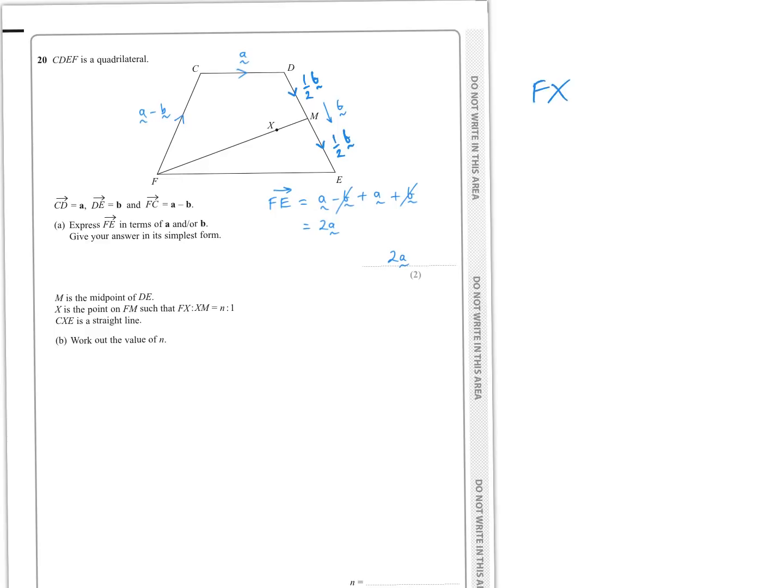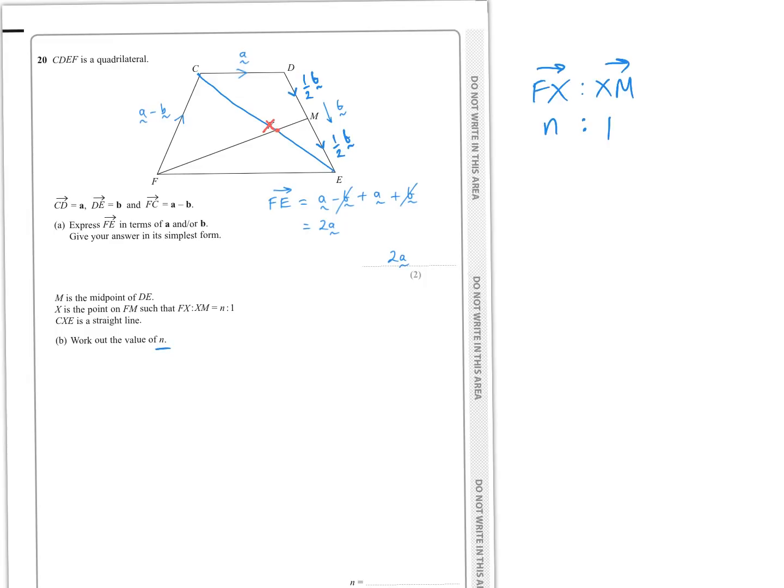So FX to XM is the ratio n to 1. And it says CXE is a straight line. So let's do a line going through here. And I'll mark this in red for you so you can see that X is there. So let me think for a minute. We've got to work out the value of n.